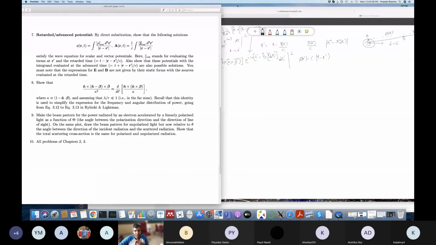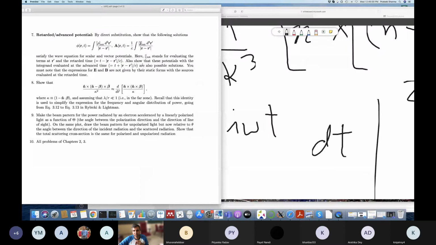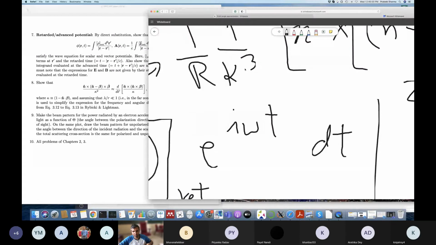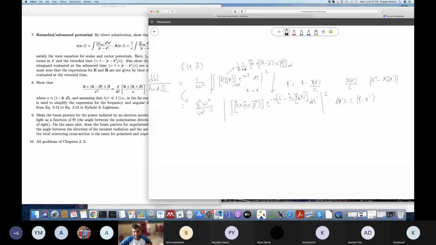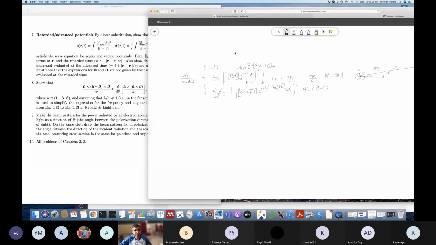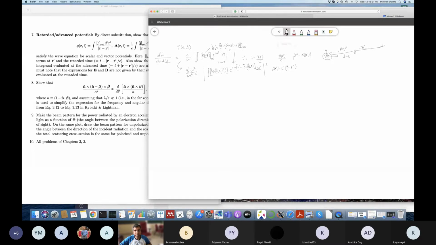Oops, it becomes so big and so small. Okay, so anyway, the final expression is this.